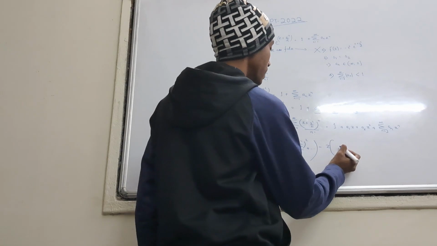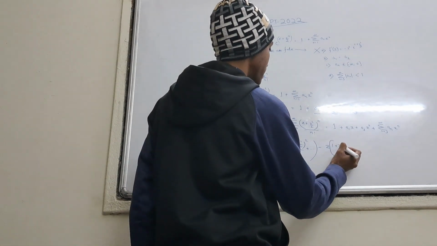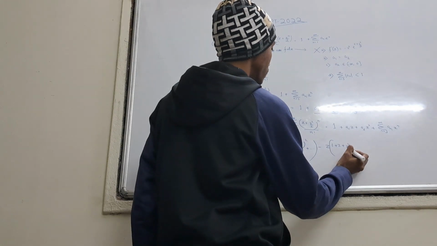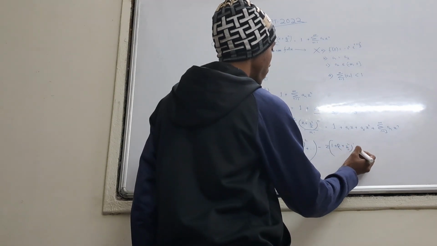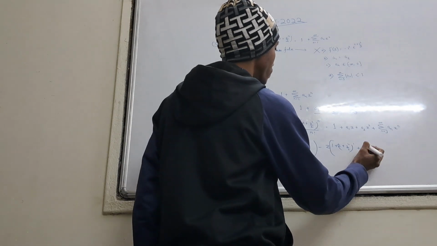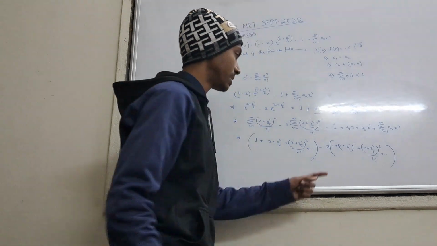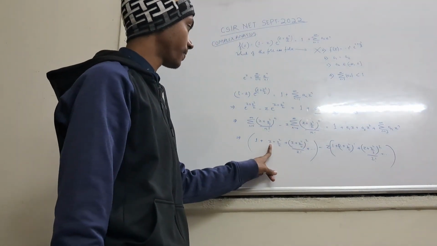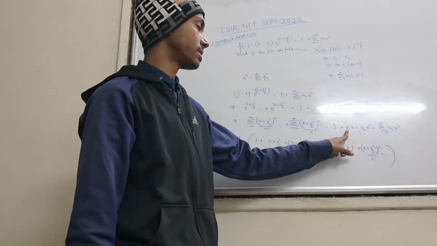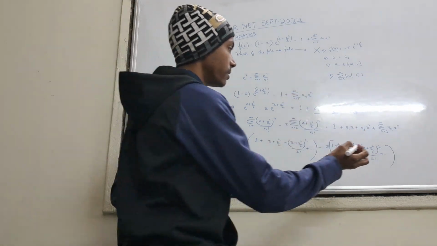So we'll see what comes. 1 plus z plus z square by 2 whole to the power 1 by 1 factorial plus z plus z square by 2 whole to the power 2 by 2 factorial, but we do not need these terms. We just need the coefficient of z and z square, because a1 is the coefficient of z and a2 is the coefficient of z square.